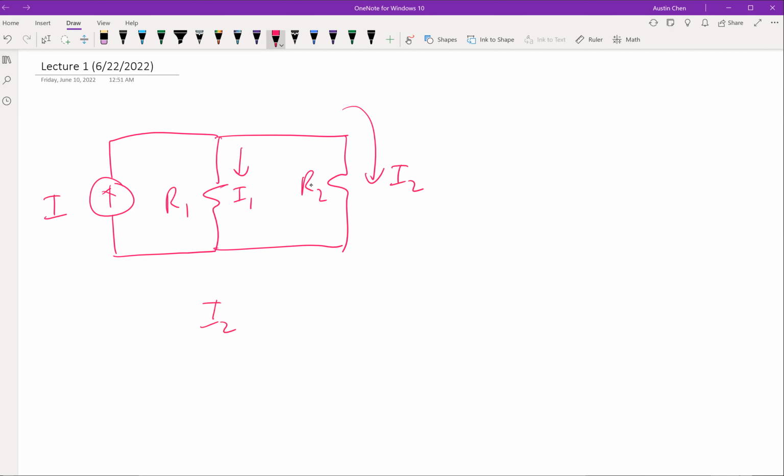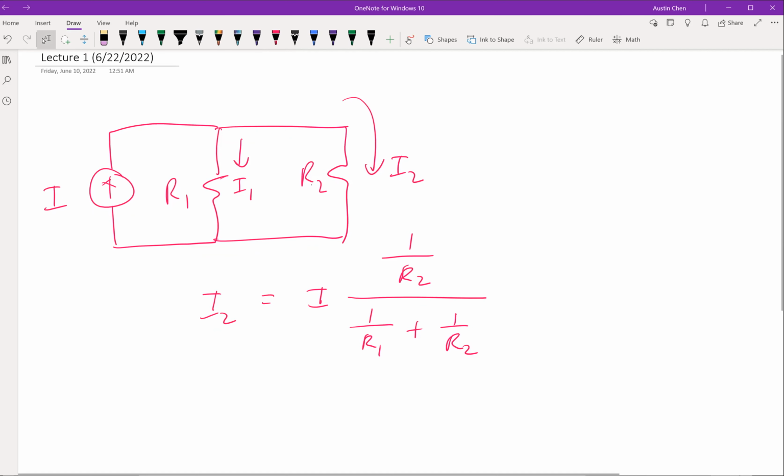Suppose I call it I, and this is I1, this is I2. If I want to calculate I2, which is the current passing through this R2, we can do I times 1 over R2 divided by 1 over R1 plus 1 over R2. This is one way.